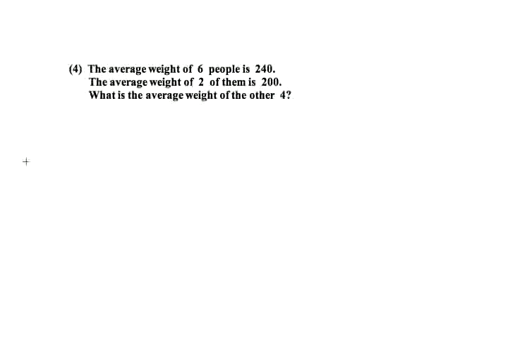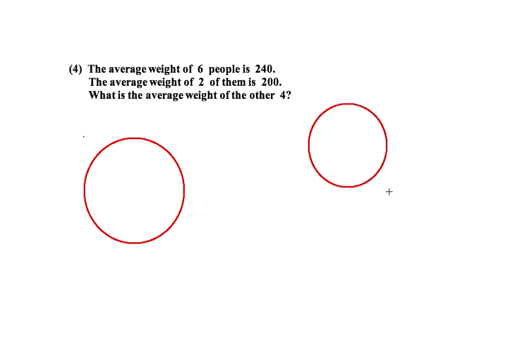So here we're splitting a group into 2 subgroups, and whether you use the average pie or the equation, you need 1 for each.